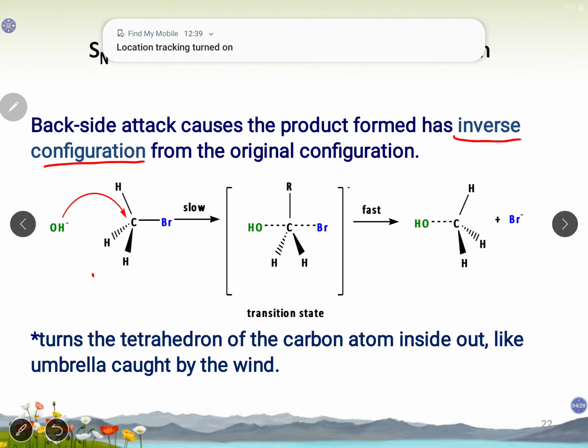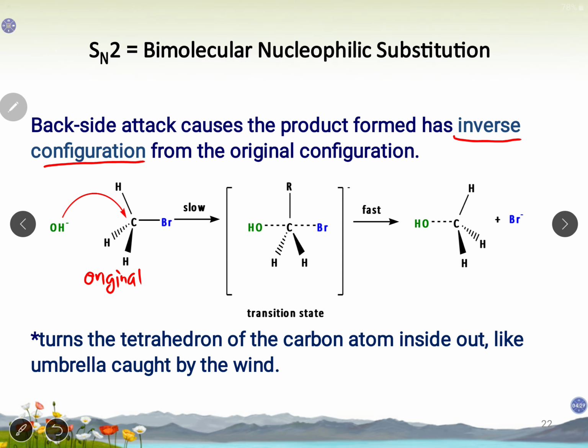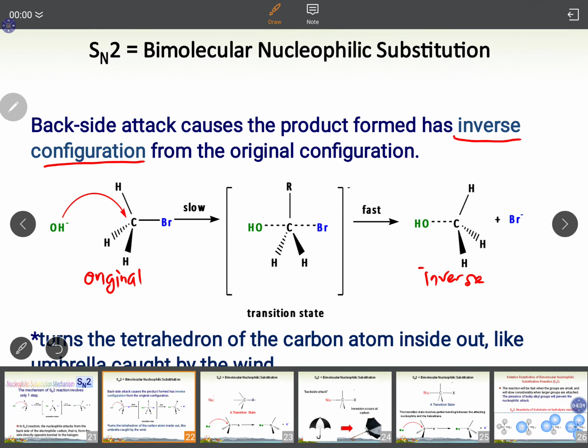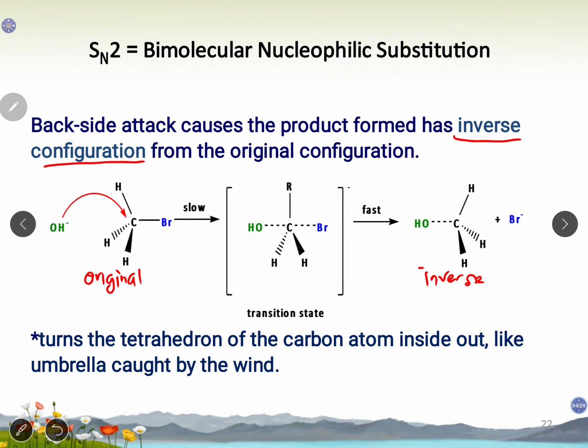This one is the original configuration, but in the product, we can see the structure has been inverted. So it is a different side of the configuration. The backside attack turns the tetrahedron of the carbon atom inside out, like an umbrella caught by the wind.